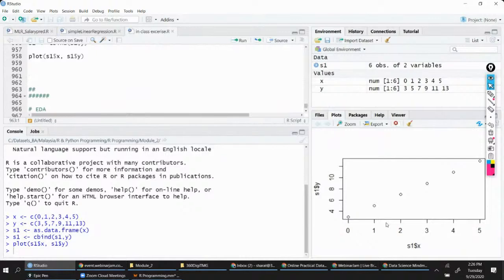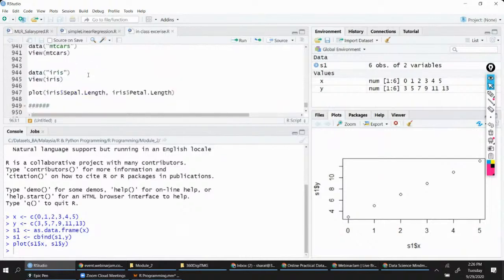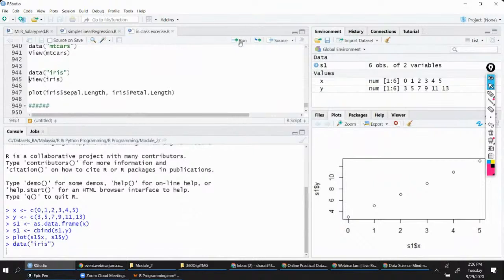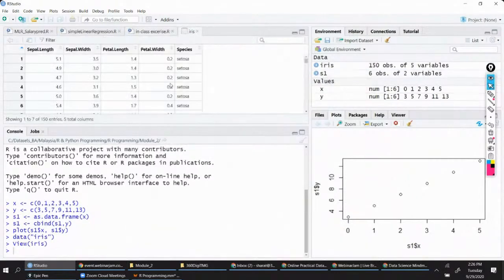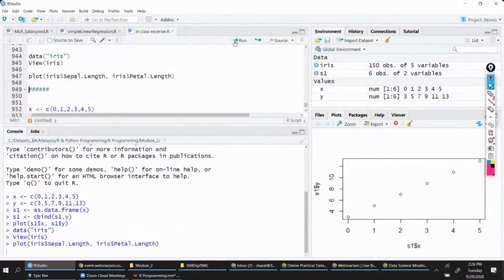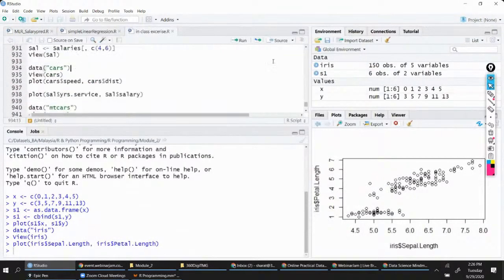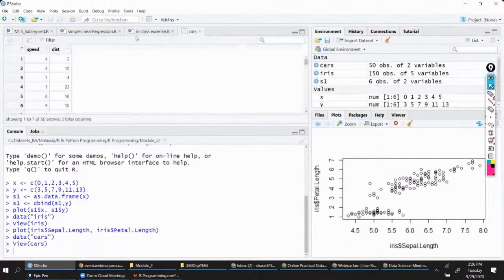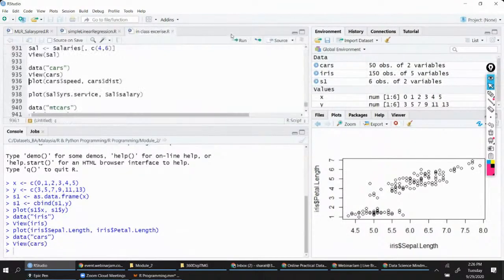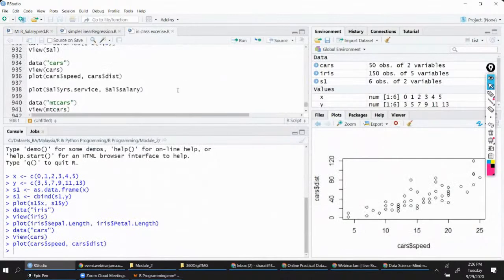But if I take some other data, probably I'll take this. This is the iris data set, and here I'm taking two columns. I will talk about, let's say, cars. This is the cars data, and this is my data set.